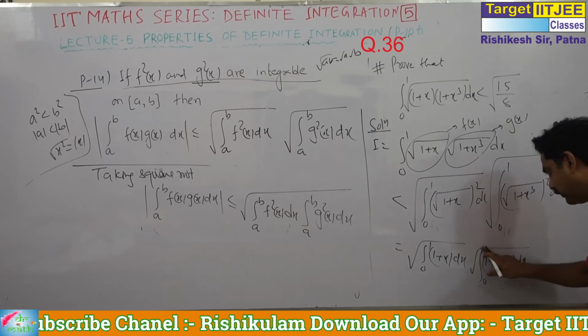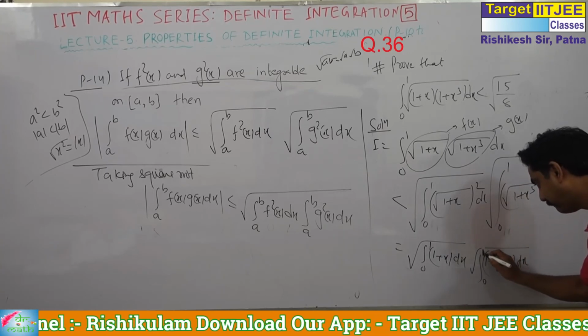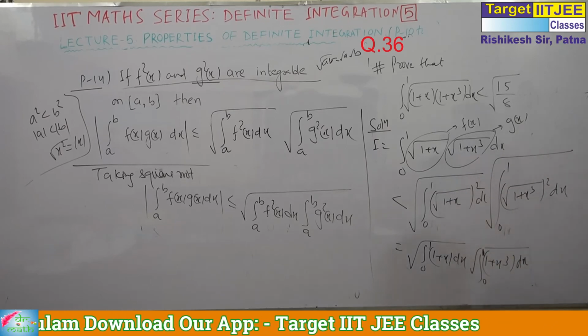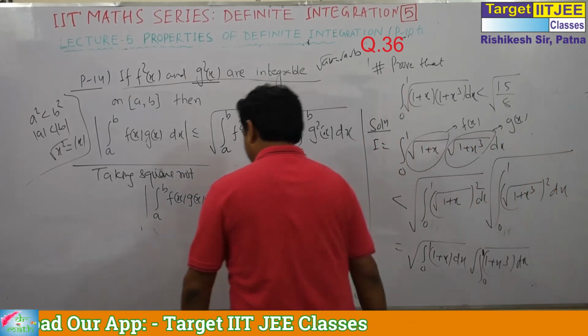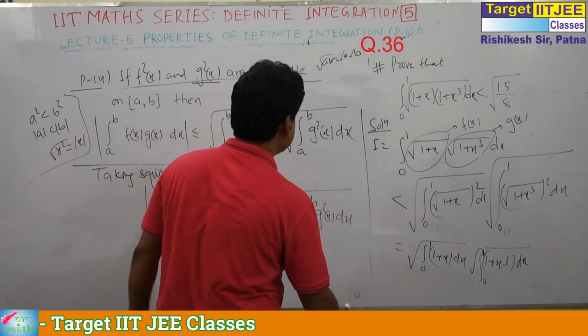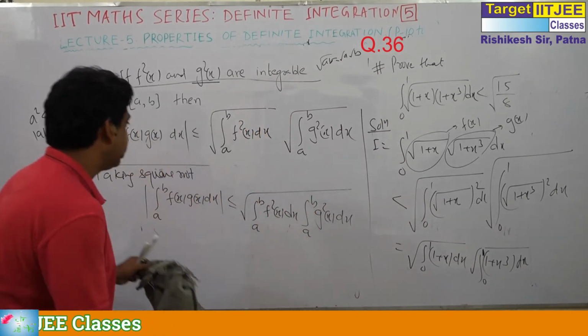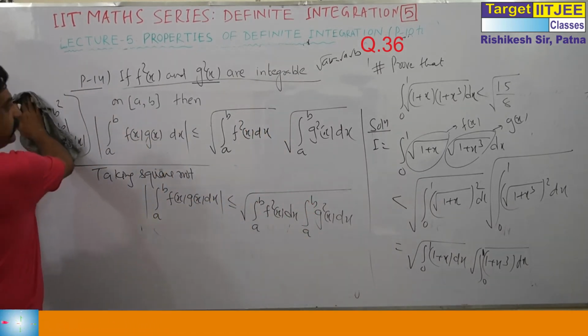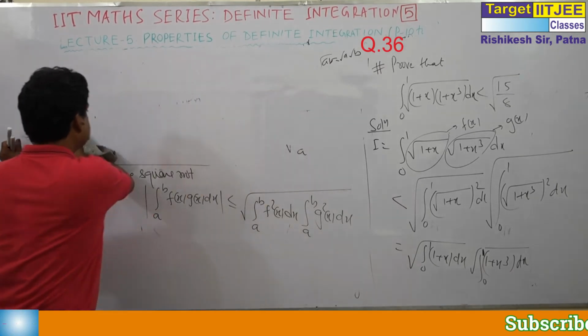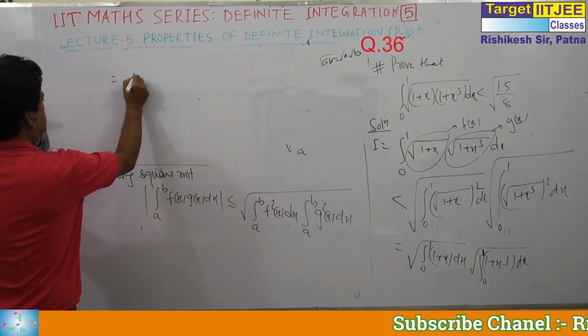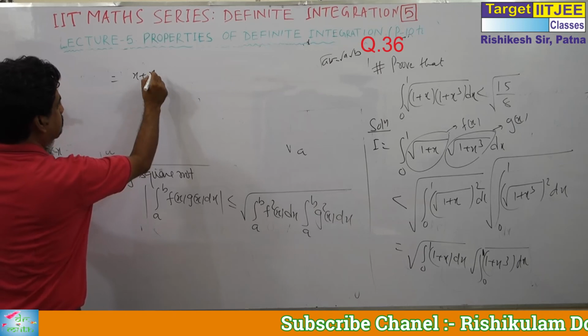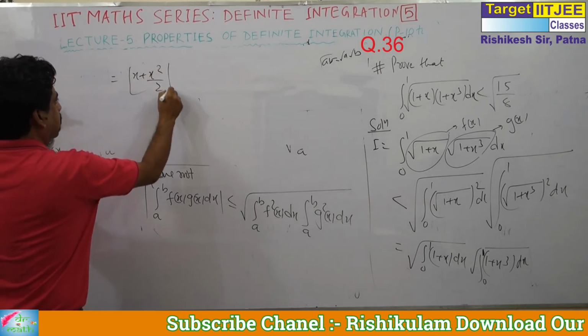On calculation from 0 to 1, you will get 15 by 8. How? Let me see. This is x plus x square by 2 from 0 to 1.